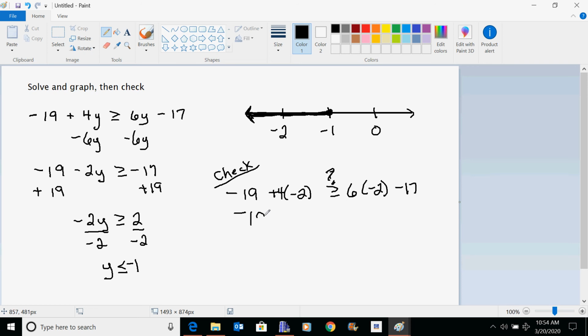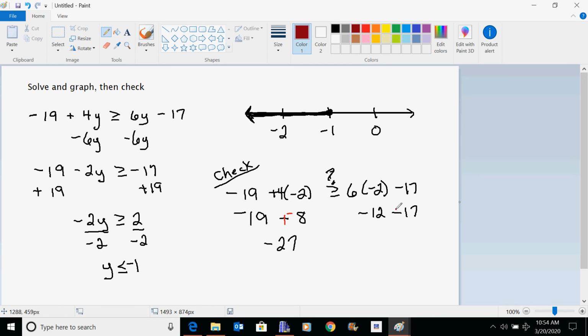So I've got -19 minus 8. Keep, change, change. So 19 and 8, -27. Over here, -12 minus 17.